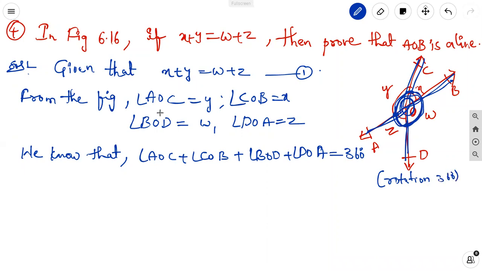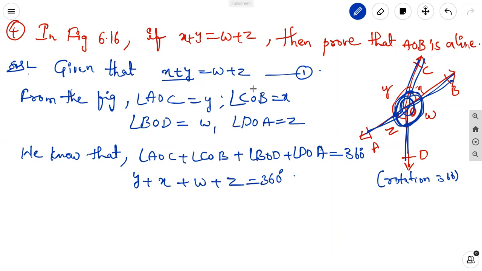360 degrees. And given that from the figure, we can write angle AOC equal to y plus angle COB equal to x plus angle BOD equal to w plus angle DOA equal to z equal to 360 degrees. We know that x plus y equal to w plus z. I am replacing w plus z with x plus y.